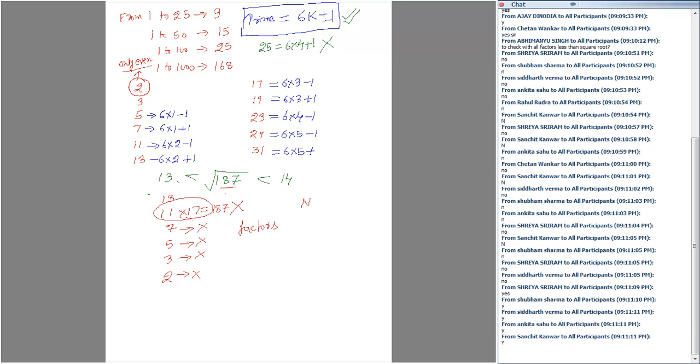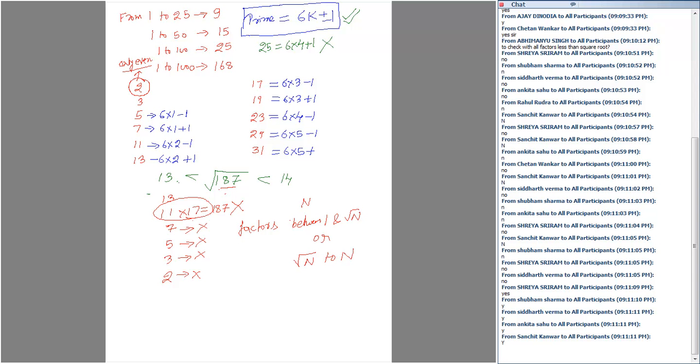If this number n has any factors between 1 and root n or root n to n, you can check in either range. If it has any factors in either of these two, the number will not be a prime.